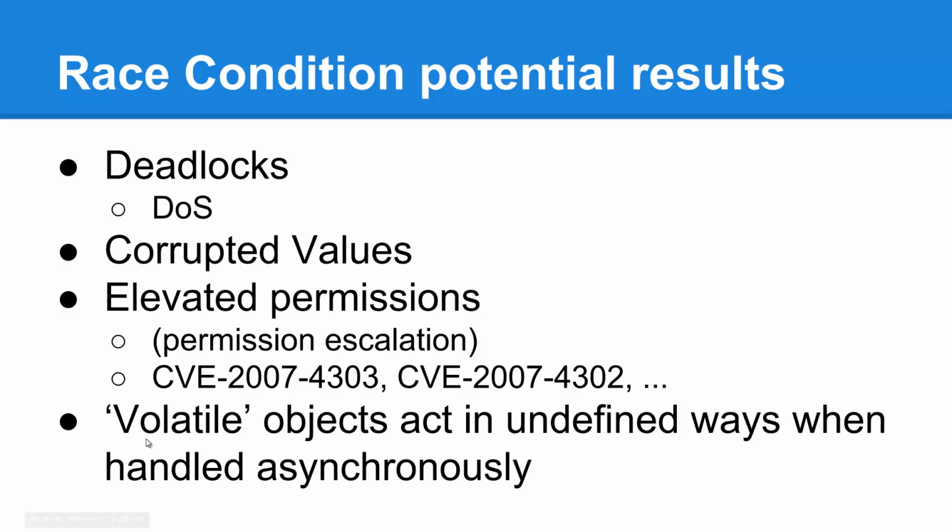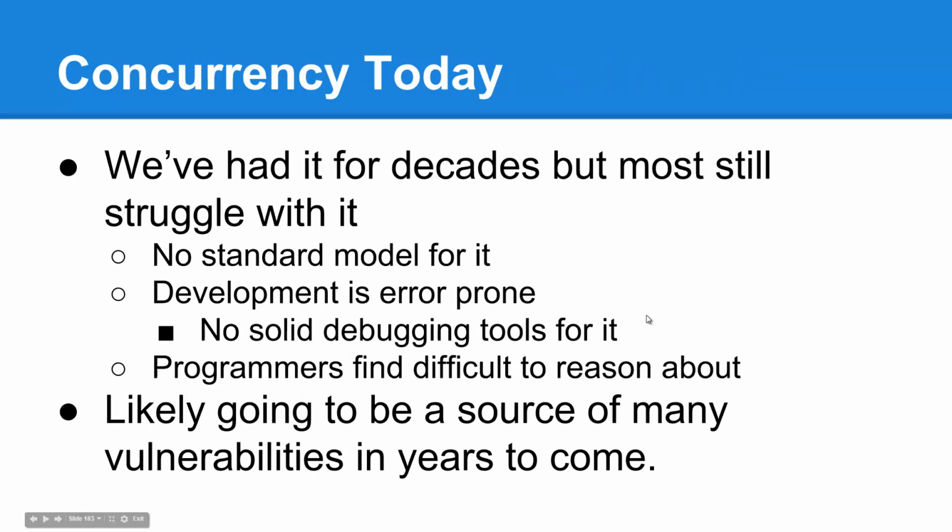And finally, if any shared objects are volatile, in other words, because the developer made a mistake or didn't understand the impact of that, these are handled in very undefined ways when handled asynchronously because they're stored just in the registers. And so they're hard to sync up.